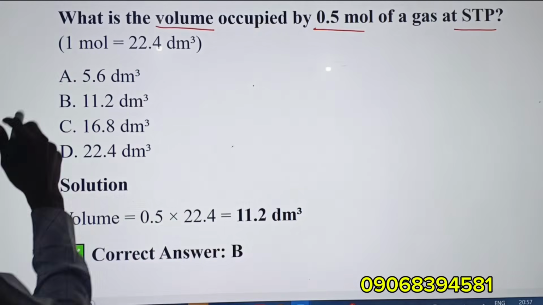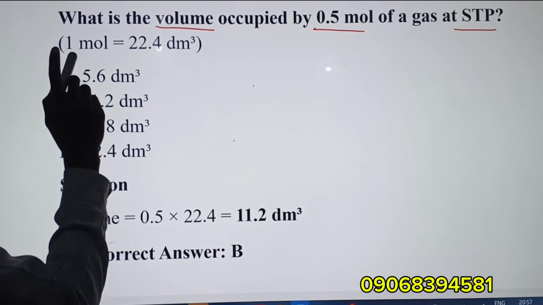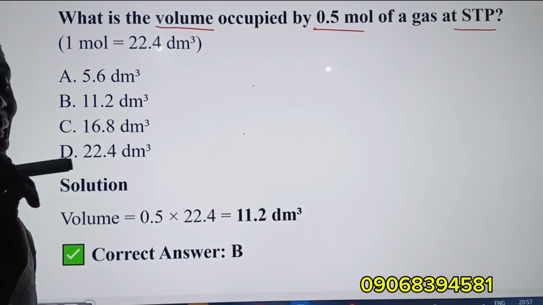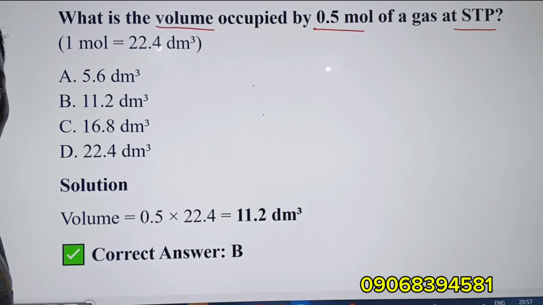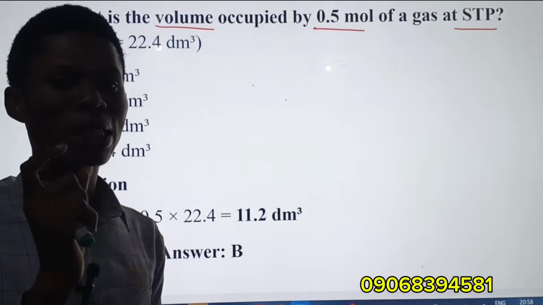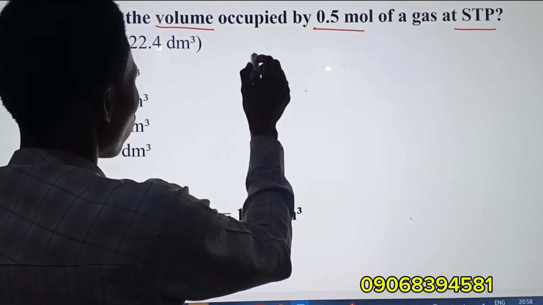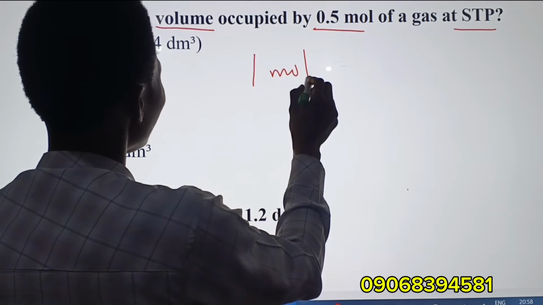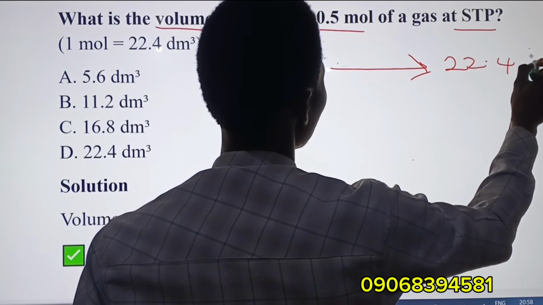This one is already very simple. You are given a hint in brackets that 1 mole of every gas at STP occupies 22.4 dm cube. Sometimes you will not be given, but just know that 1 mole of a gas at standard temperature and pressure occupies 22.4 dm cube.